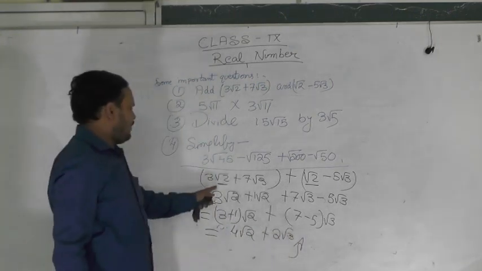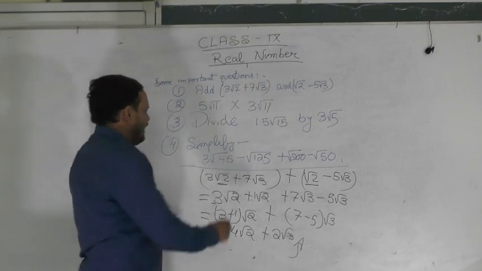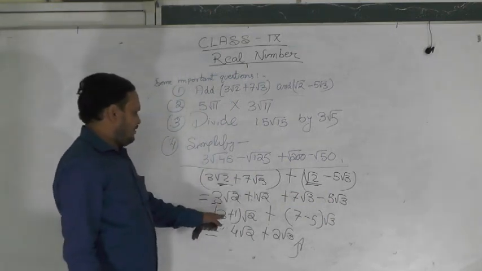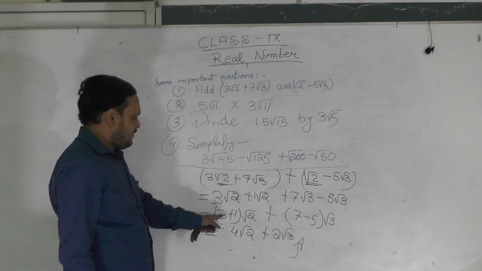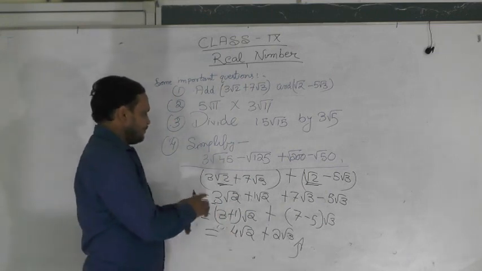In this way, you can do the sums of real numbers by identifying the same irrational number and arranging them, and by taking out their coefficients or by adding their rational parts, you can find the sum.